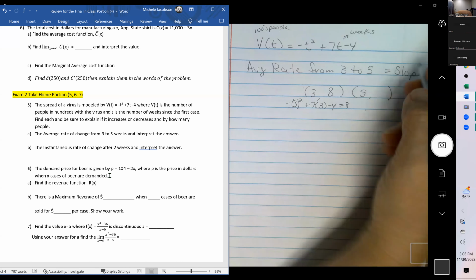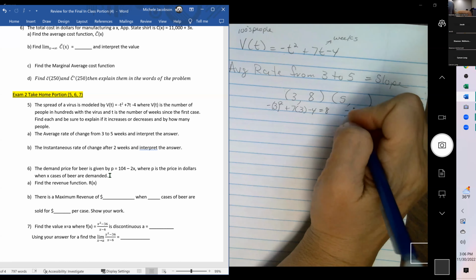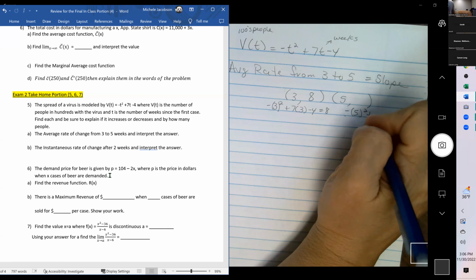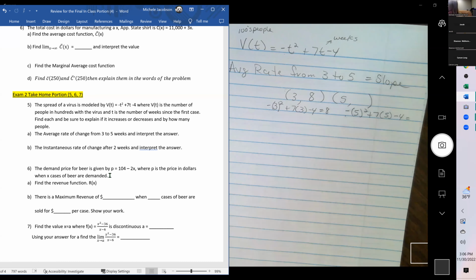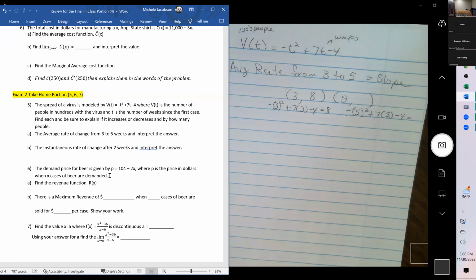And we do the same thing and plug in 5, negative 5 squared plus 7 times 5 minus 4. I think it's 6. Oh, 6.